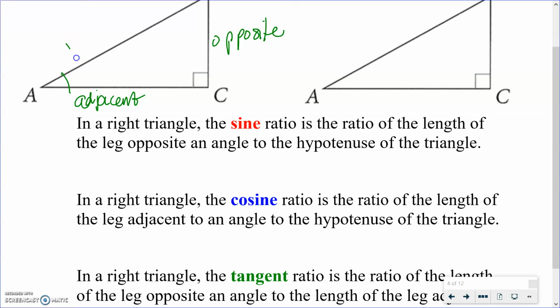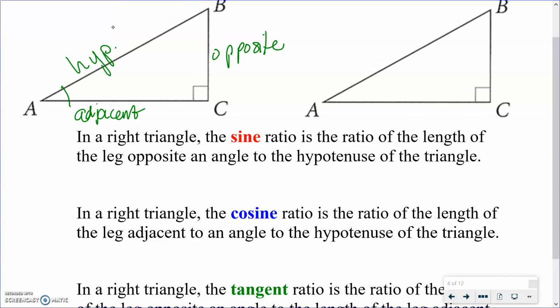And the hypotenuse is always the longest side. Okay? And then if we're looking at angle B, this side is the adjacent, this side is the opposite, and this side is the hypotenuse. Again, the hypotenuse is always the same. The part that changes is the opposite and the adjacent side. So the adjacent side is always the one that's touching the angle that we're referencing, and the opposite is the one that's across from it. So it's opposite from the angle of reference.